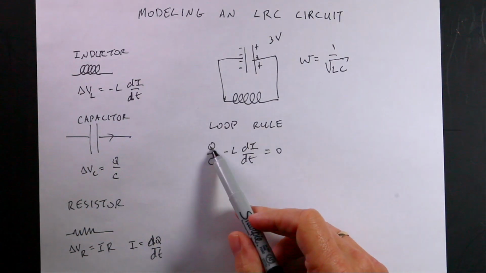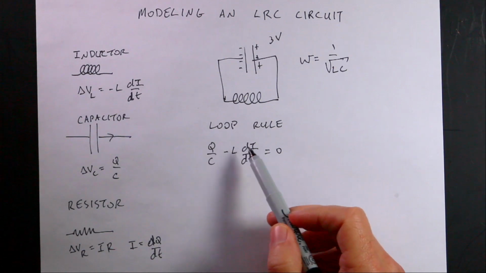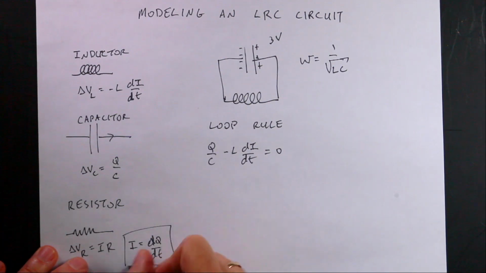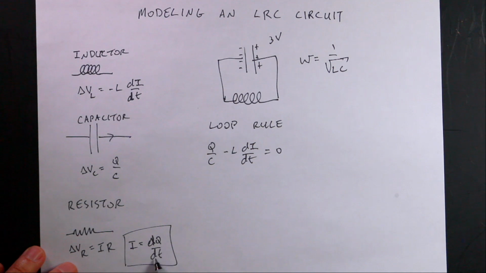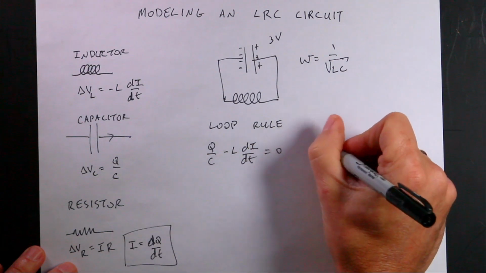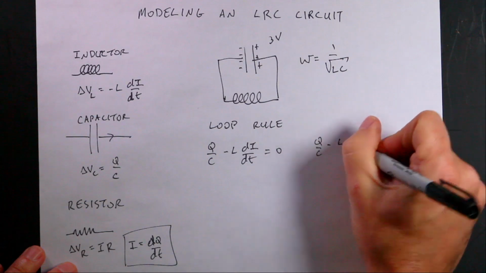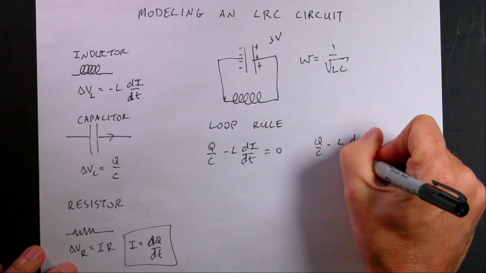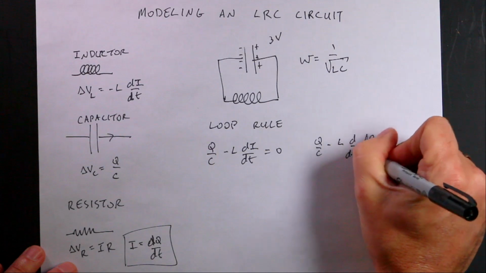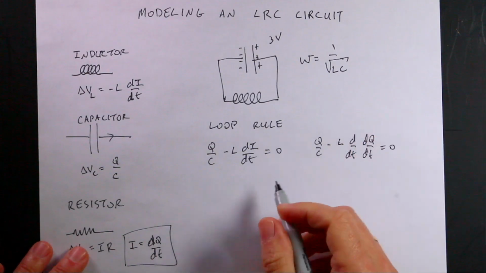So here I have Q and I have I, but it turns out that I is the rate of change of charge. So I can put I as dq dt. So this is going to be Q over C minus L times d dt of dq dt equals 0.